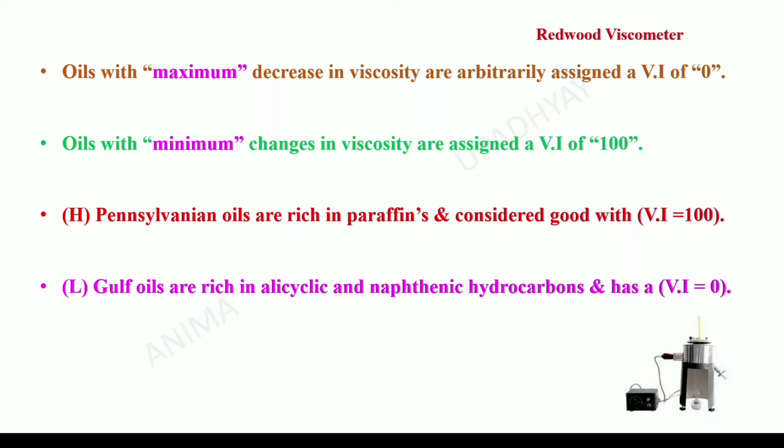So the Pennsylvania oils, which are designated as H in the formula, are considered good with a viscosity index of 100, and they are rich in paraffins. Whereas the L designated oils are Gulf oils, which are rich in alicyclic and naphthenic hydrocarbons and have a viscosity index of 0. That is, they have a maximum decrease in the viscosity.